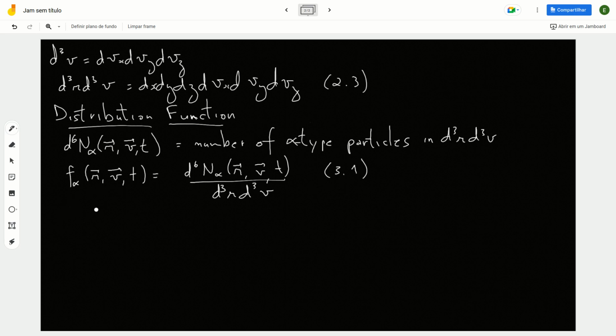So f alpha is the distribution function in the phase space. In this case, the distribution is just the density of alpha type particles in the space.